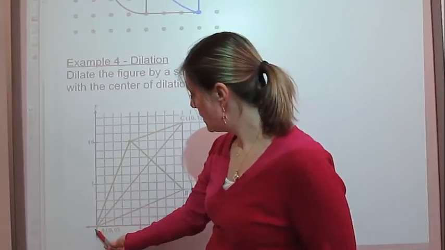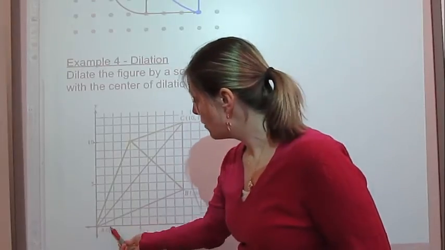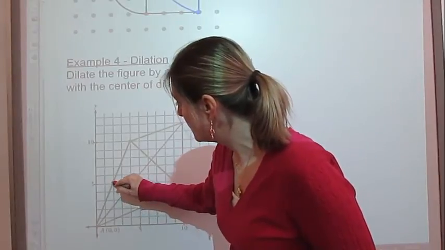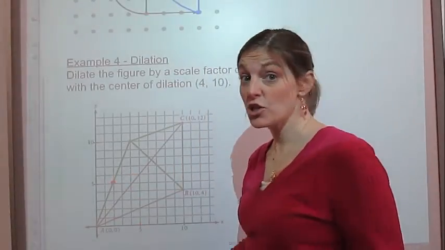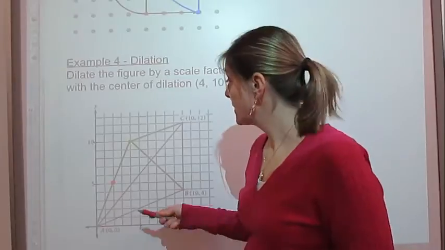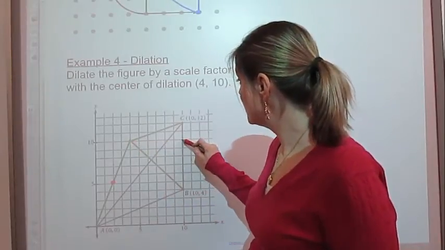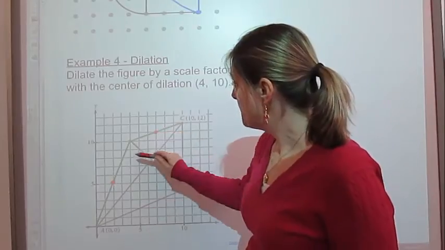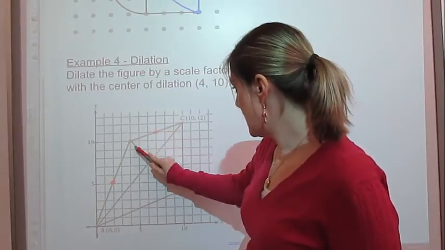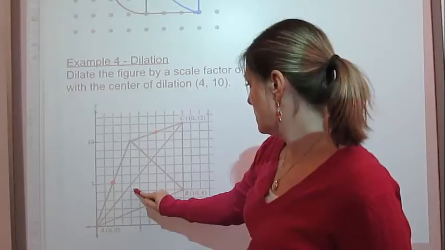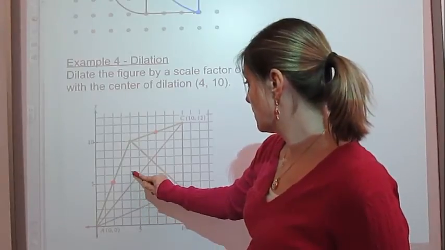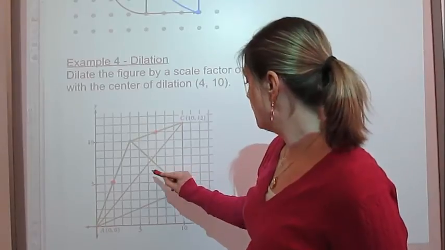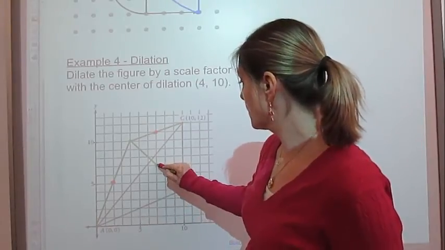This one comes over 4, so we're going to go over 2. It goes up 10, so we'll go up 5, and there is half the line segment. You're just using your slopes. Here you're going over 6 and up 2, so we're going to go over 3 and up 1. For this one, you're going down 6, so we're going to go down 3, and over 6, so we're going to go over 3.